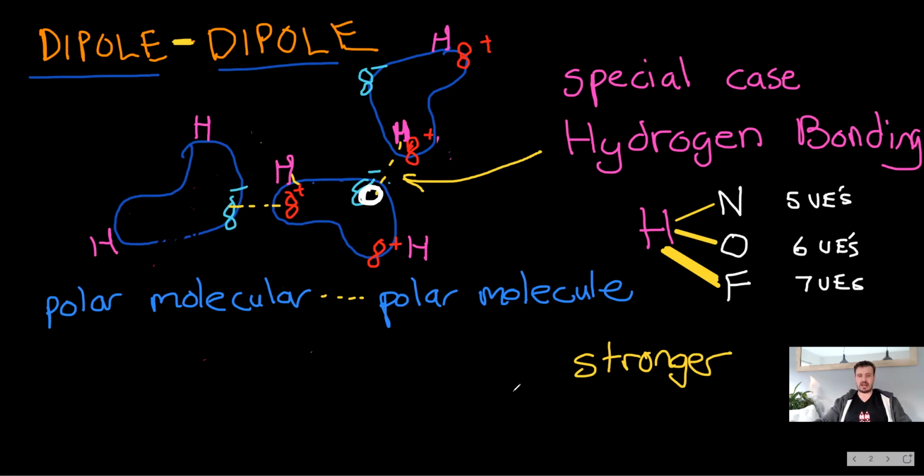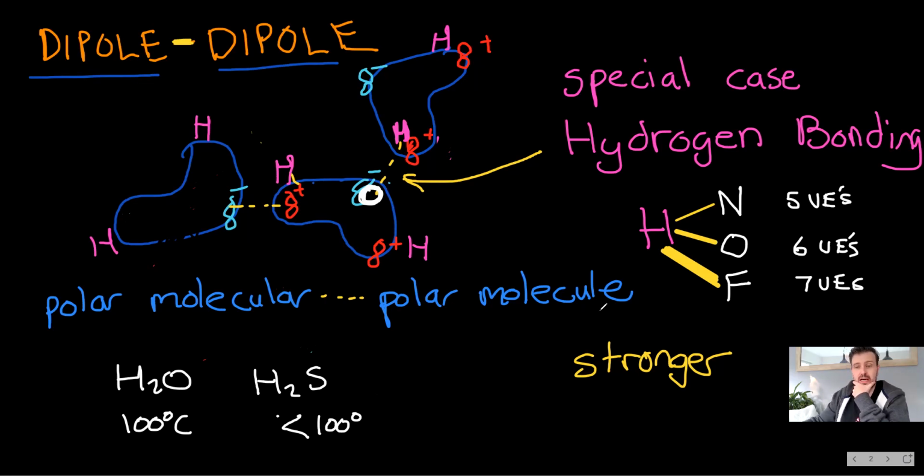So if you get a question like, why does H2O have a stronger boiling point than, say, H2S? Well, it's because of these hydrogen bonds. This one has a 100°C boiling point, and I don't know what H2S is, but I know that it is less than 100°C.